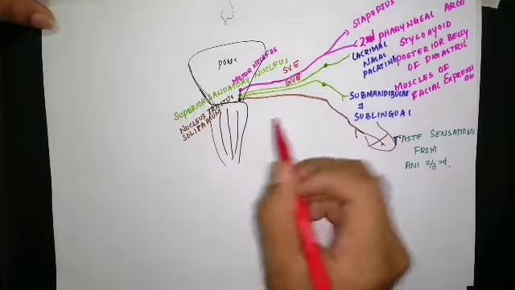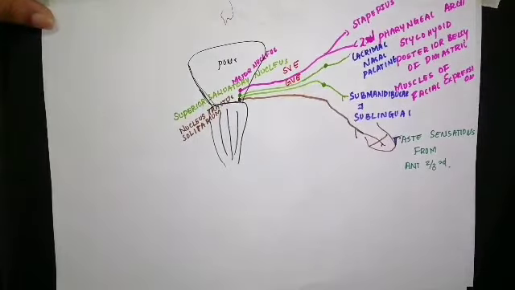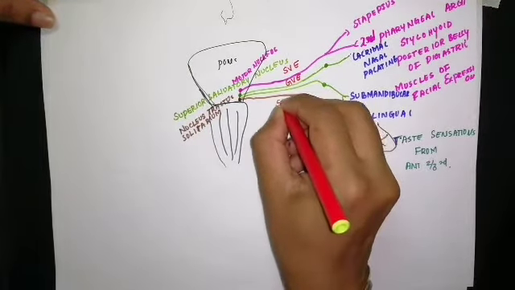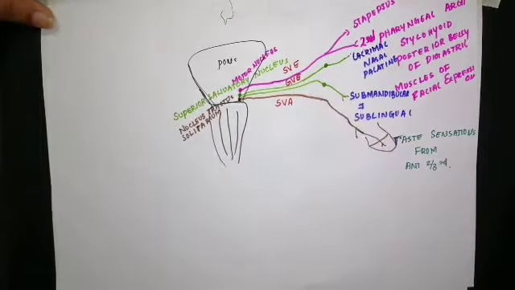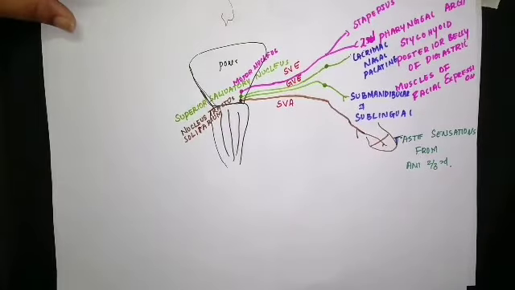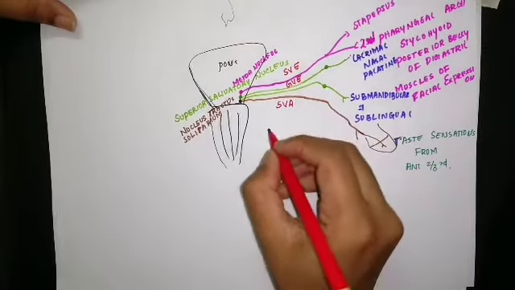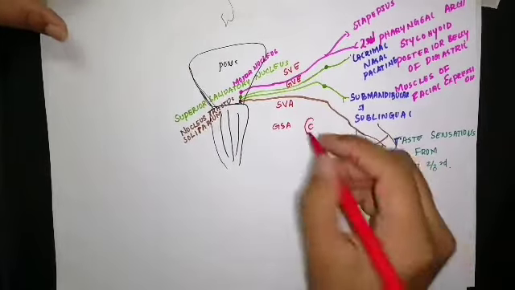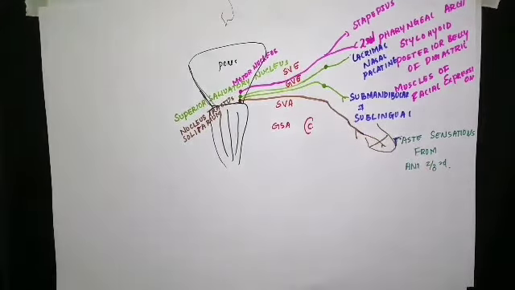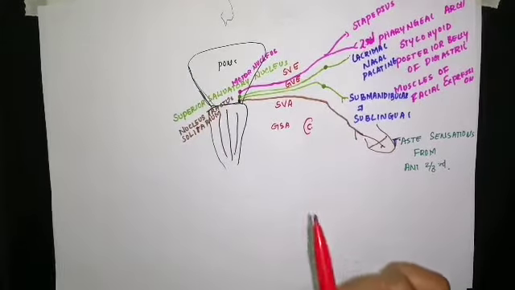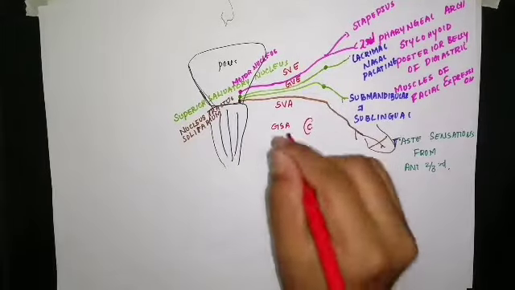And the sensory fibers which receive taste sensations from the anterior two-thirds of the tongue are known as special visceral afferent fibers. The facial nerve also carries some general somatic afferent sensations from the ear, and this relays in the spinal nucleus of the trigeminal nerve. This is clinically irrelevant, so it is not discussed here.